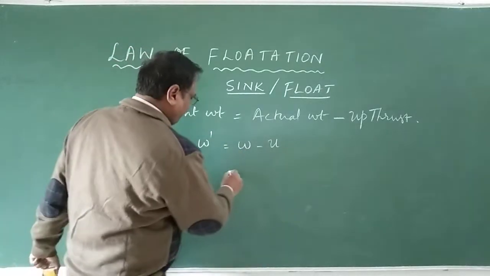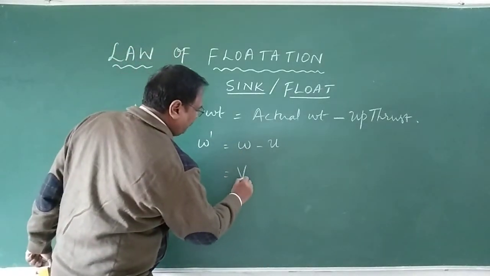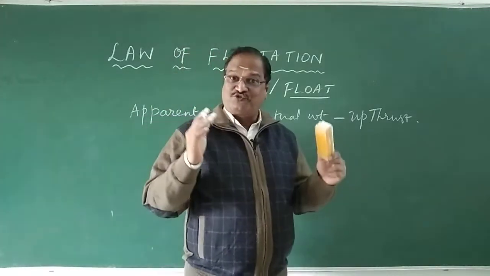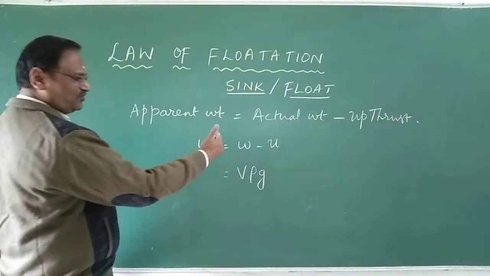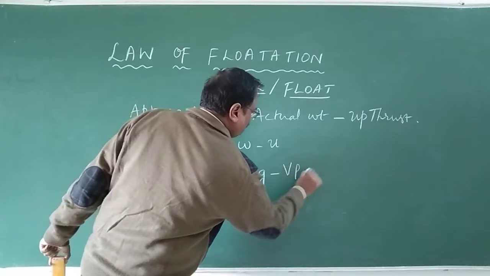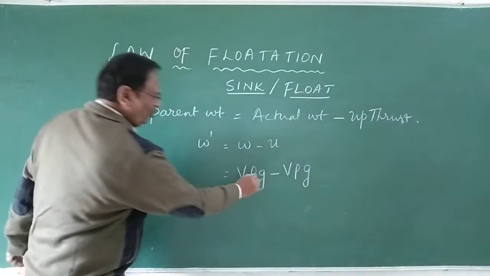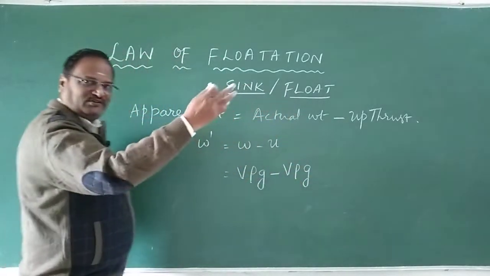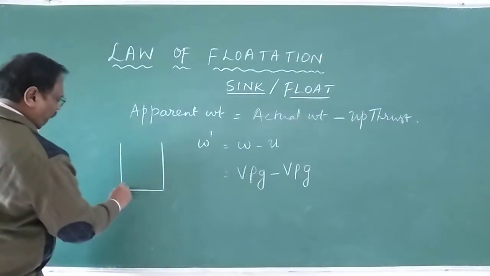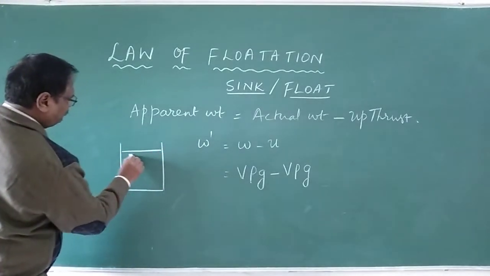You remember, we can write the weight as V rho G, minus V rho G. I am going to make a small change now and explain it to you. Let us take the water.